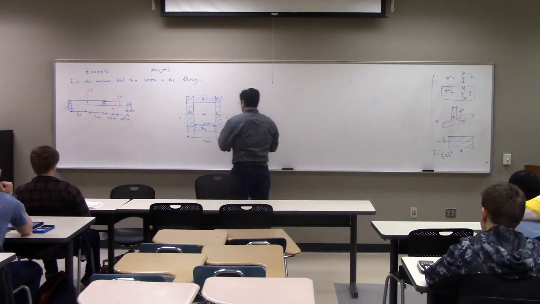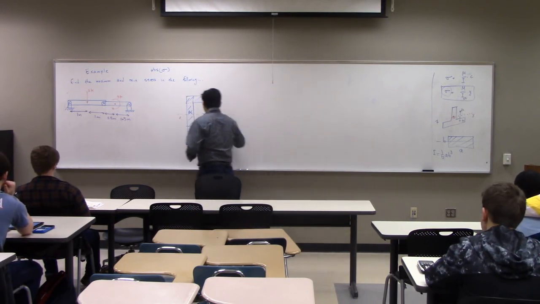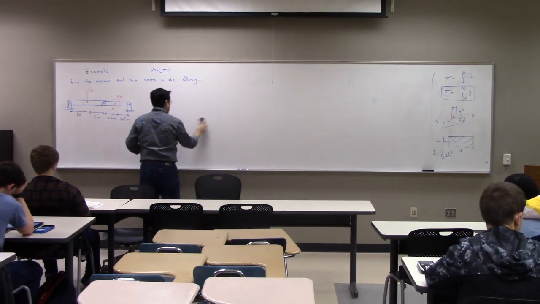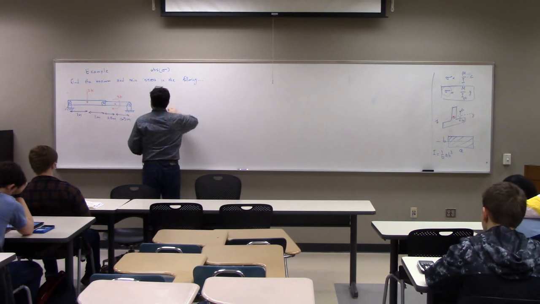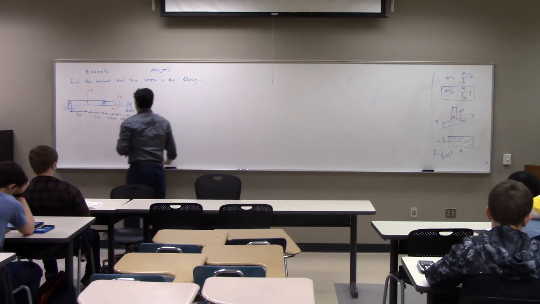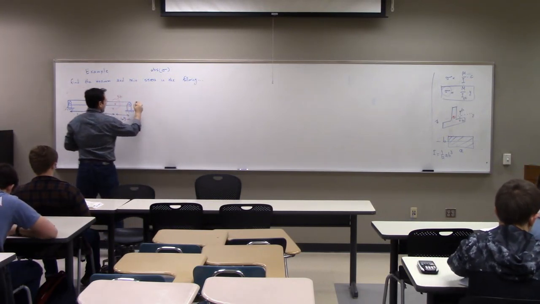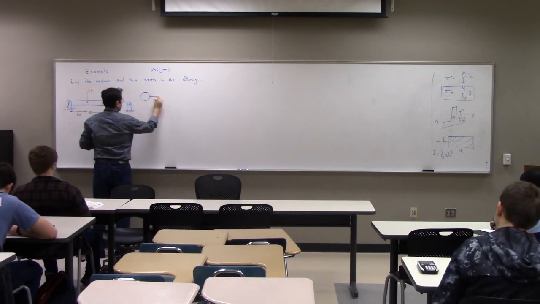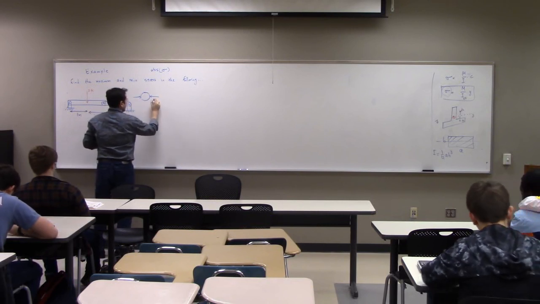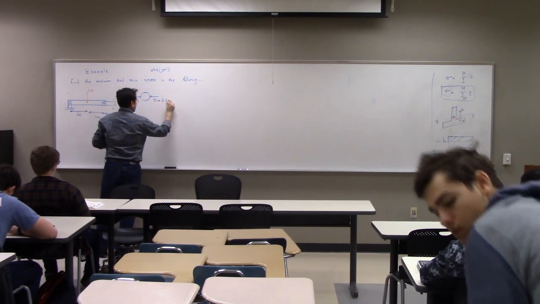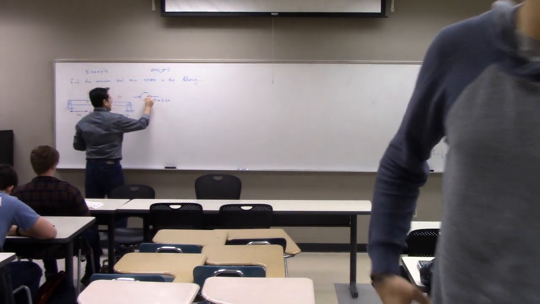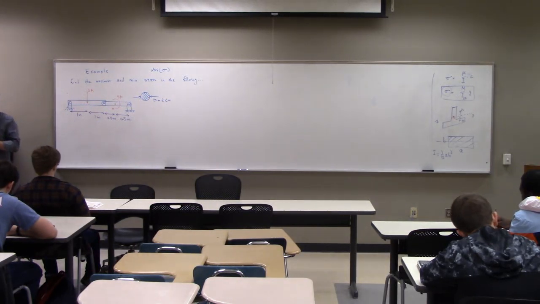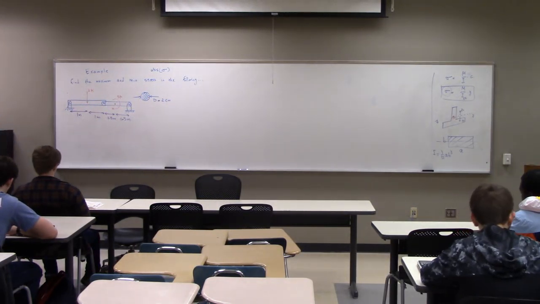Let's say the cross section is circular, with diameter 2 centimeter. Solid circle. Okay. So what should I do?